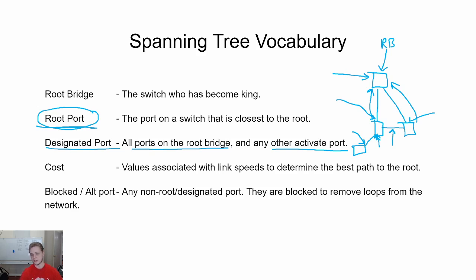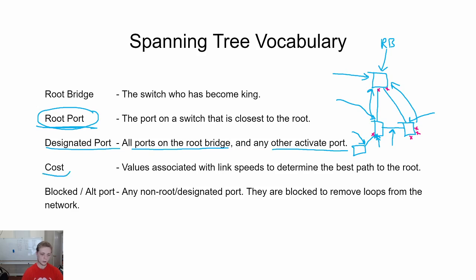So in this diagram here, let me change to pink so it's easy to see. This would be a designated port. This would be a designated port. This would be a designated port. Any other ports here connected to any other switch, or maybe an end device as well, would also be designated ports.